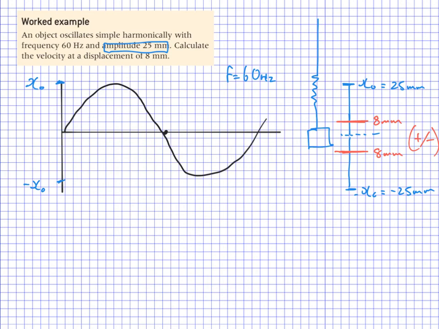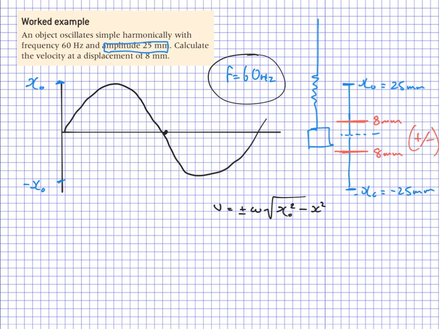Let's present that equation just down here. So remember, from your data sheet, the velocity equation is this: plus minus omega square root of x naught squared minus x squared. So we do have to do a little bit of a conversion.